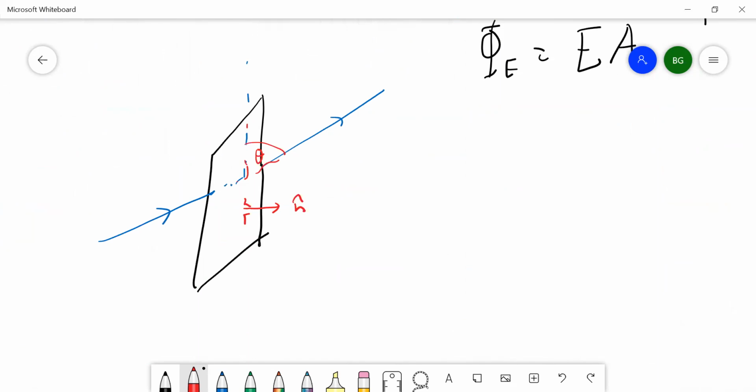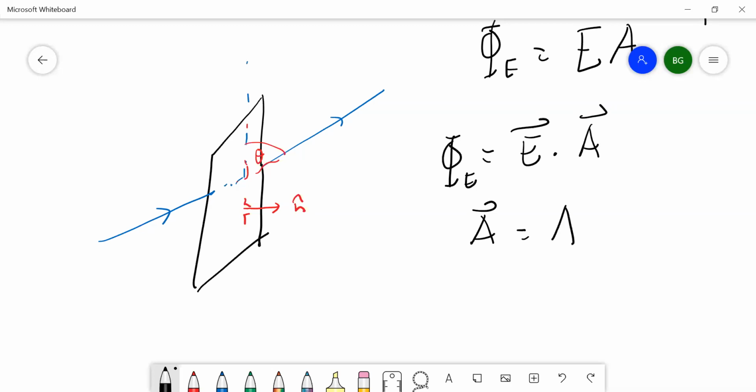So in general, the flux of E is E vector dot A, where the A vector is the area times the normal vector.